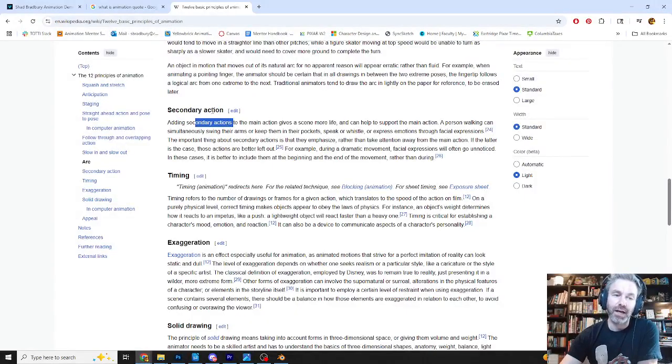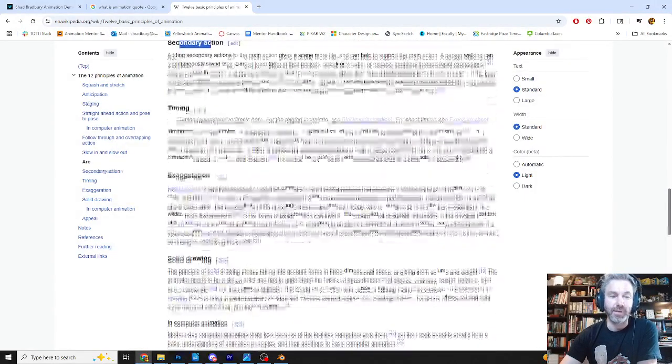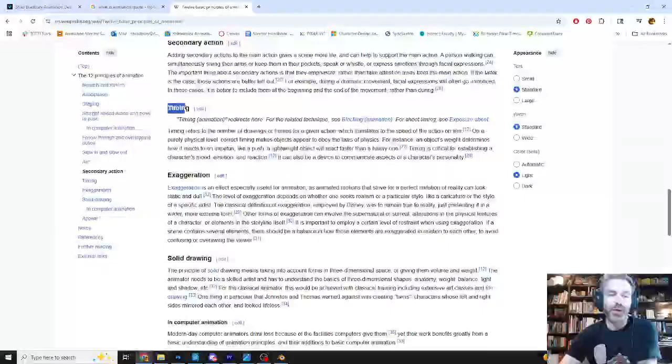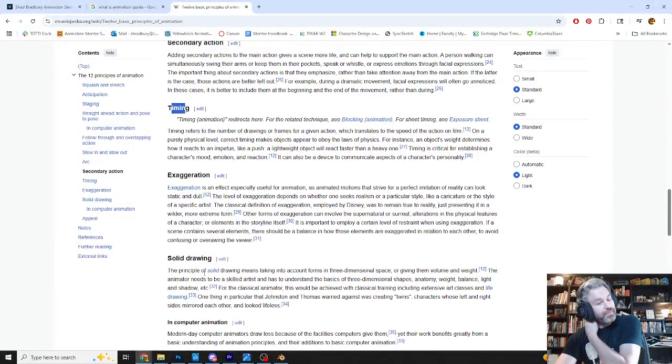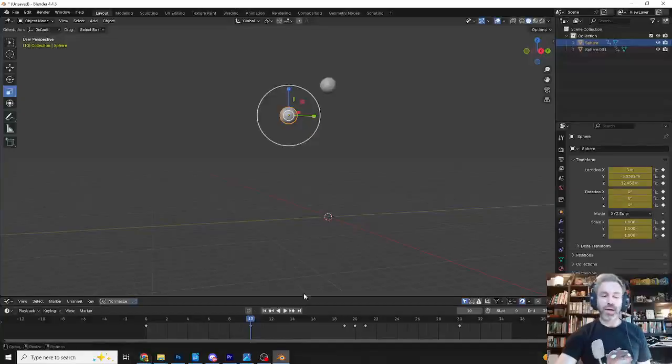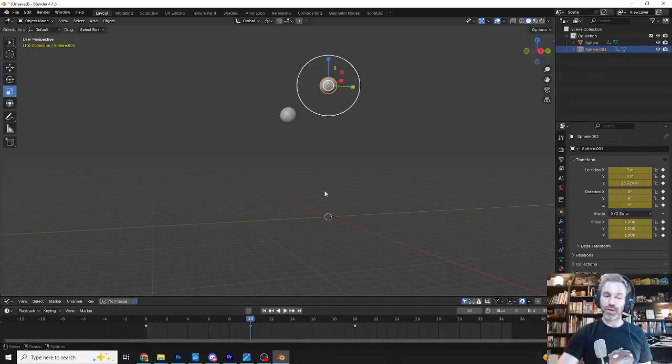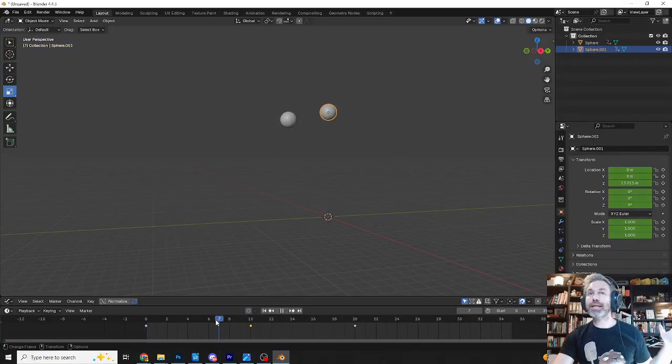This often gets introduced when we get into acting more. Timing, another super valuable one. Anticipation and timing, I would say, are so far the two most important ones that we've gone over. Timing is typically how long something takes in time.